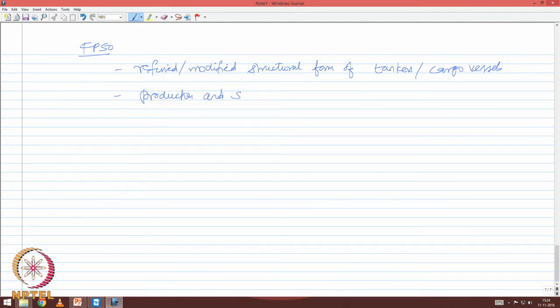FPSOs actually are nothing but refined or modified forms of tankers or cargo vessels. The foremost functional novelty in FPSO is production and storage of hydrocarbon.